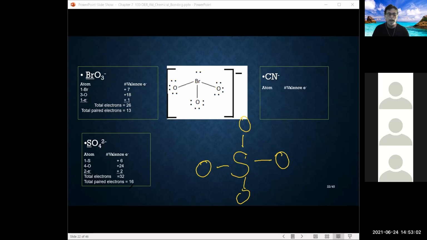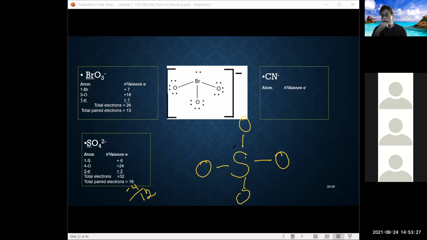Okay, so that takes care of 4 pair, right? So now we got 12 pair to work with because we have 16 pair. Just took care of 4. And so now where I put them is, well, your choice is your choice, but you can't put them on sulfur anymore, all right? Because sulfur has 4 around it already.